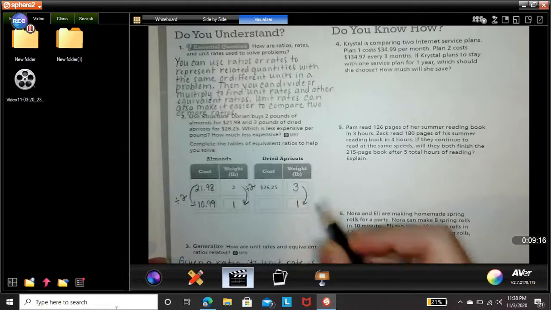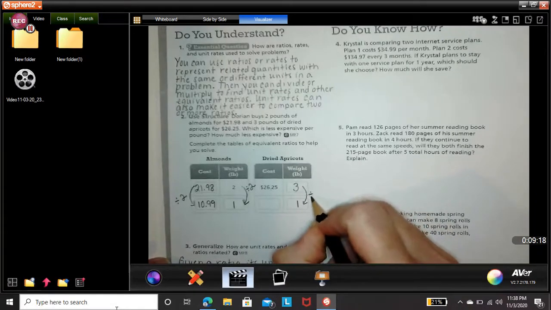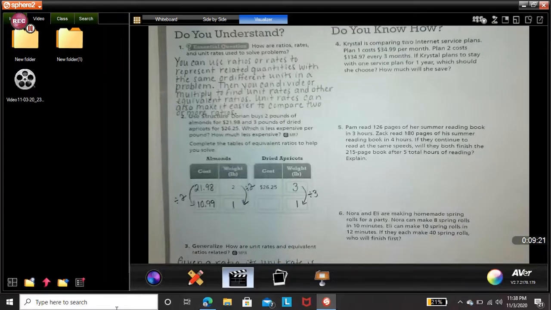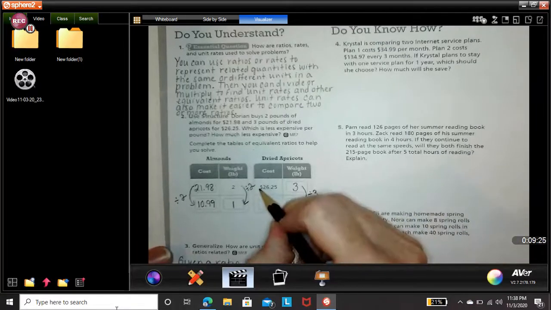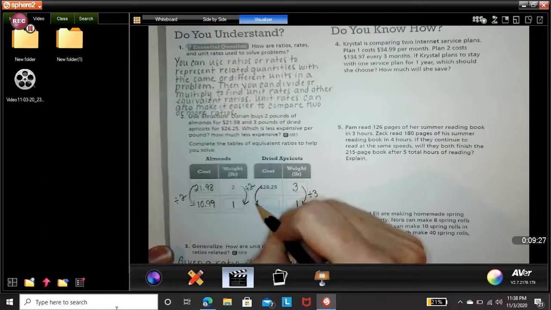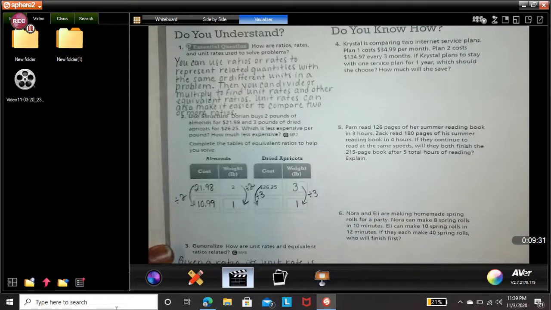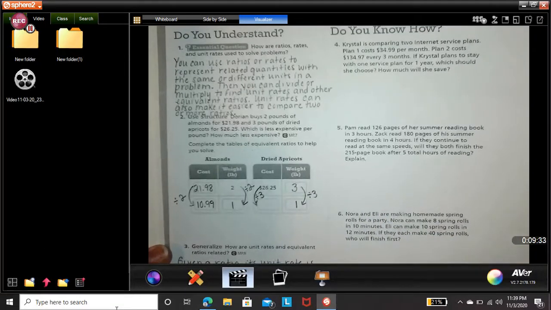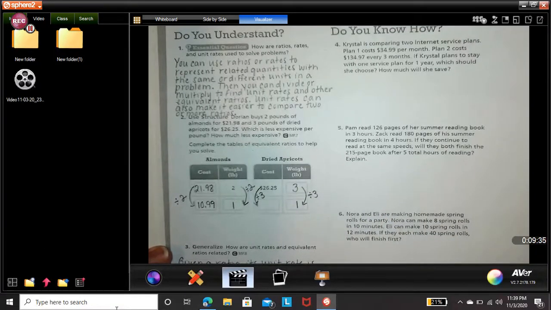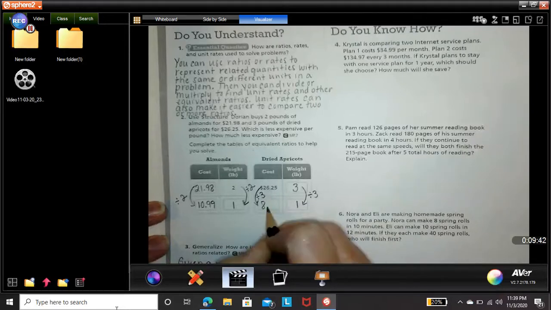And since our number is decreasing, that gives away that we're going to divide by 3. So we need to do the same thing to the other side. We're going to also divide by 3. Using a calculator, you'll figure out that $26.25 divided by 3 is $8.75.